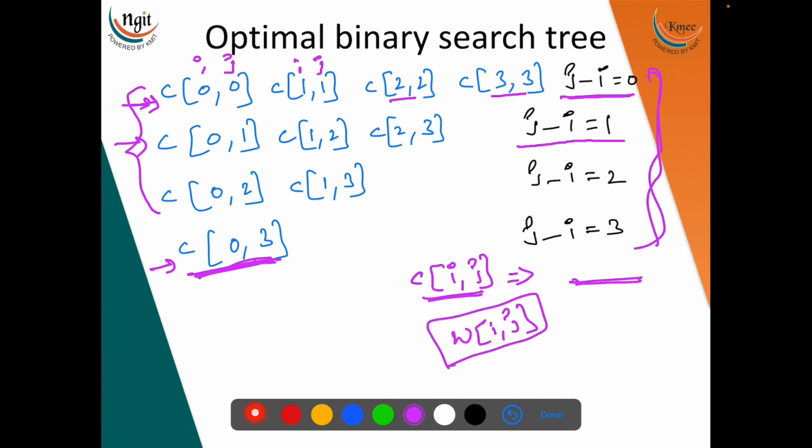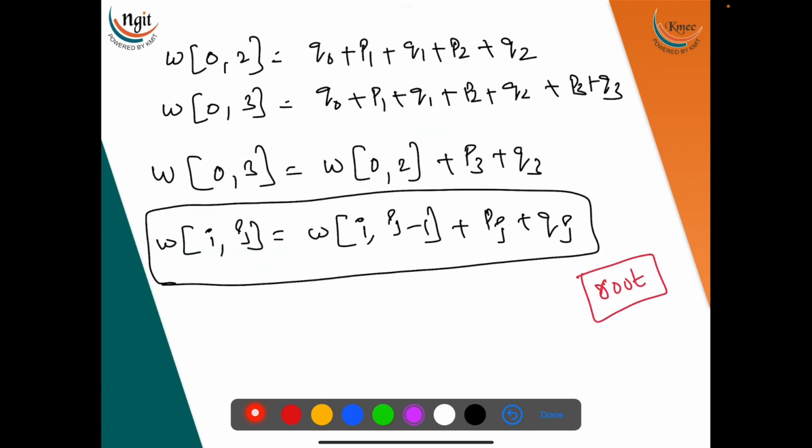So you have to know what w i comma j is. The w i comma j formula is: w of i comma j equals w i comma j minus 1 plus p j plus q j. When you want to know the weight of one node or one key, you should add the probability of successful and unsuccessful search. Then you will come to know the weight of the particular key.